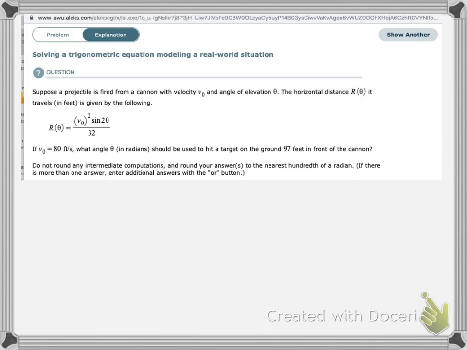So the first thing that we're going to do is plug this 80 in for our initial velocity. So I have R of theta equal to 80 squared times sine of 2 theta over 32. Now, in your calculator, go ahead and simplify 80 squared divided by 32. 80 squared is being multiplied times sine of 2 theta.